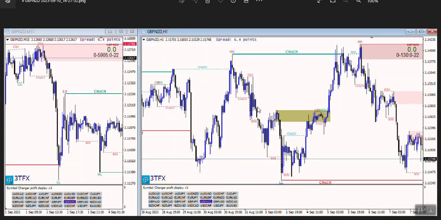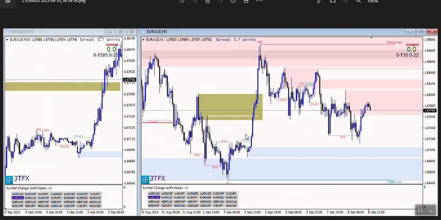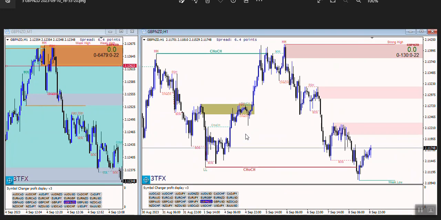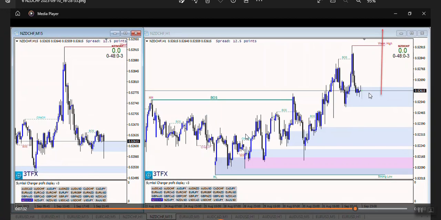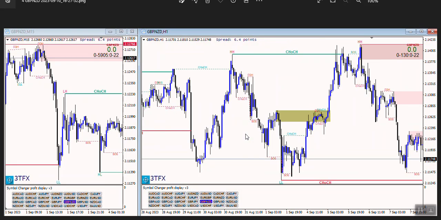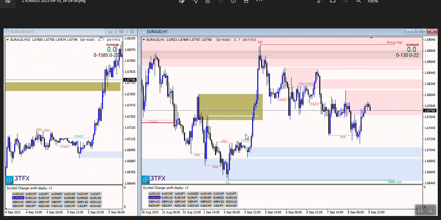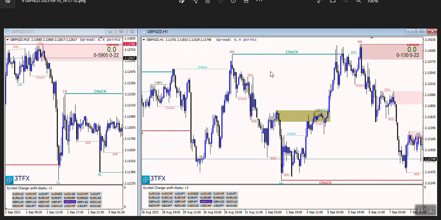Right, so this is the GBP NZD that I said I was going to explain. The screenshot for the before is not here, but on GBP NZD I was expecting price to come back into the zone, then I would sell.